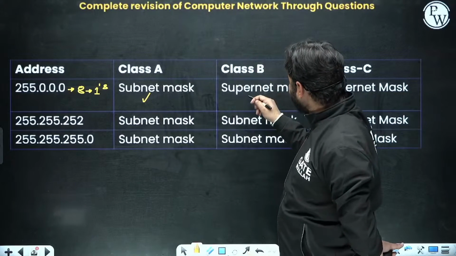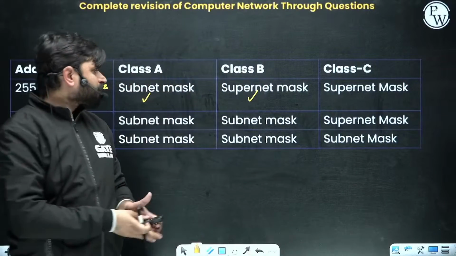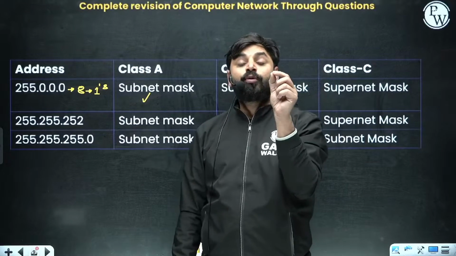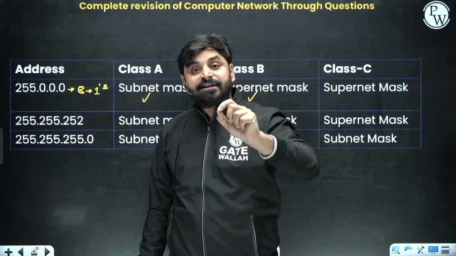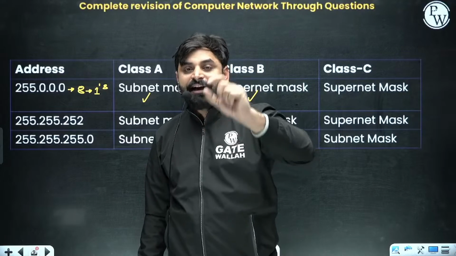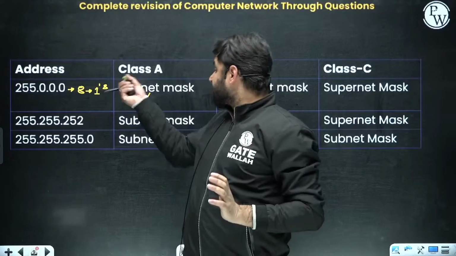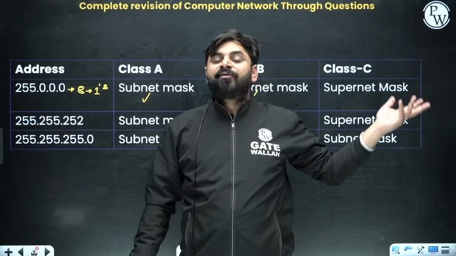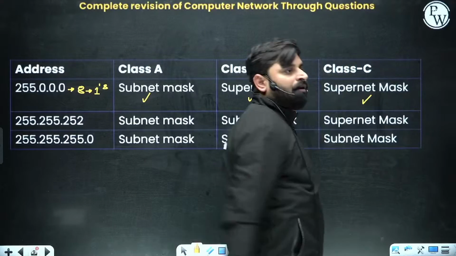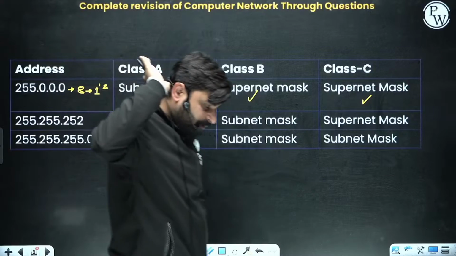That's why for class B it is a supernet mask. Is it clear? Now, number of ones is 8. Class C network ID is how many bits? 24 bits. If number of ones is less than the network ID bits, it can be used as a supernet mask. Number of ones 8, network ID of class C 24. So that's why it is used as a supernet mask. First row, it is clear to everyone. So I can move to the next.